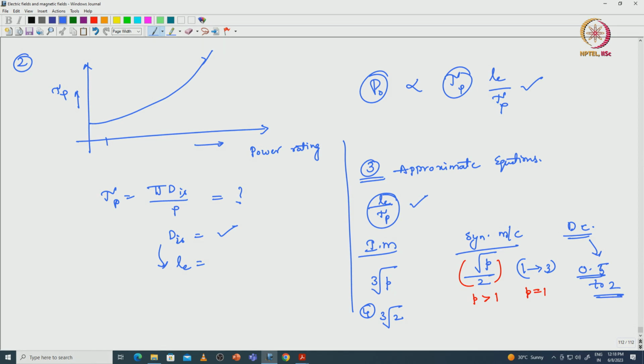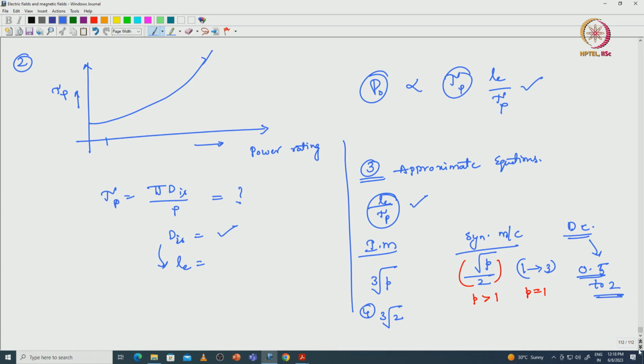Because of this approximate analysis, we will not get a unique solution. If multiple manufacturers or multiple persons do the design, we cannot come up with a single solution. There will be multiple solutions because of the multiple variables as well as multiple assumptions.